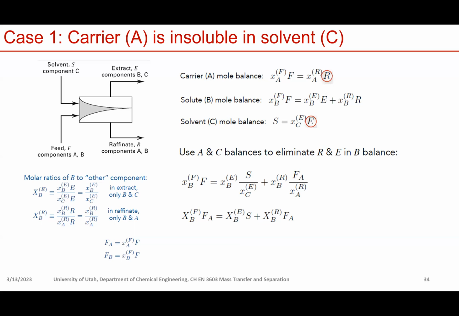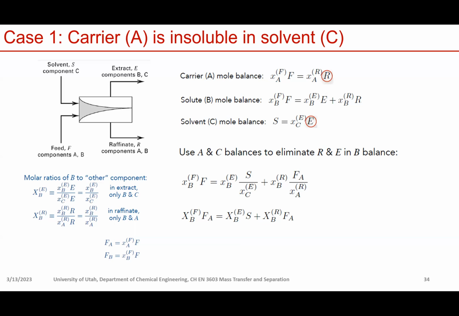Then in the raffinate string, we have the mole fraction of B divided by the mole fraction of A. That's the definition here, so we replace this ratio with uppercase XBR.